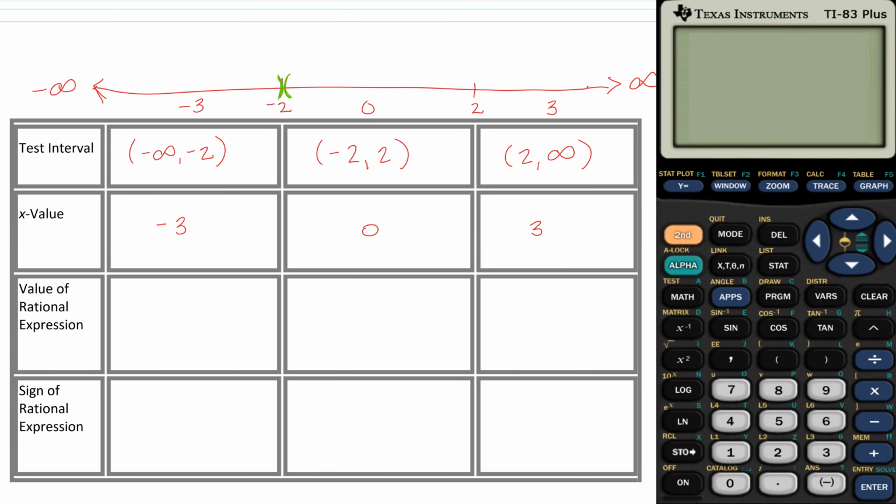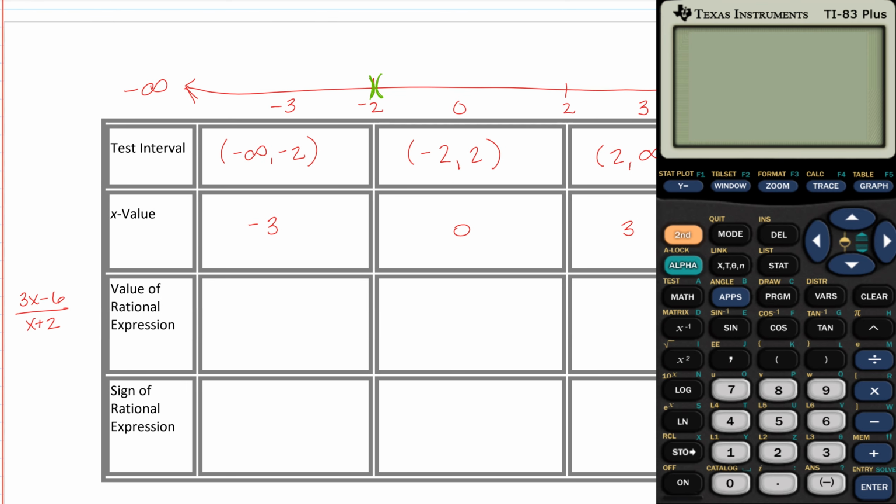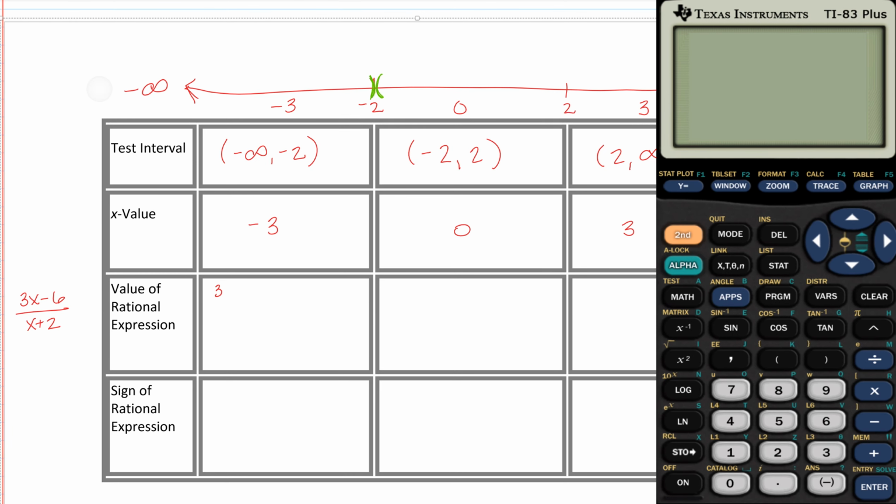So we're going to take our equation. In this case, remember our equation is (3x minus 6) over (x plus 2). That's the equation that we're going to use to plug in our values. So I know I'm going to get 3 times -3 minus 6 over -3 plus 2.